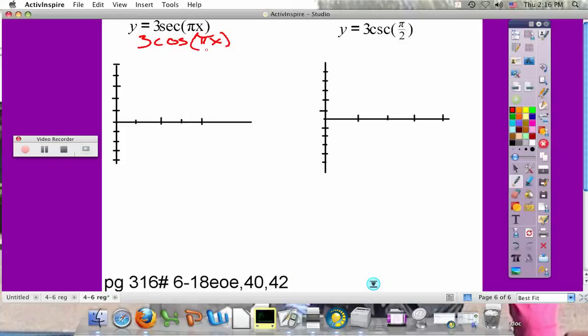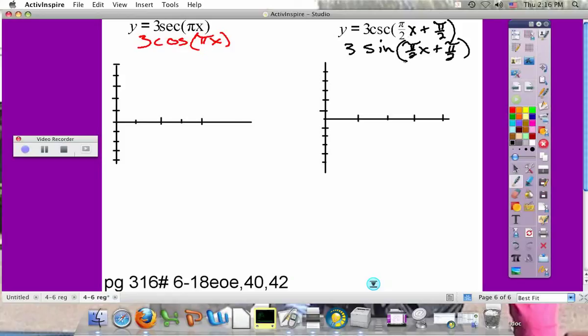And on the next one, it's supposed to be x plus pi over 2. So what we're really going to graph is 3, and because it's cosecant, that would be sine of pi over 2 x plus pi over 2. That's what we're going to graph on both of them.